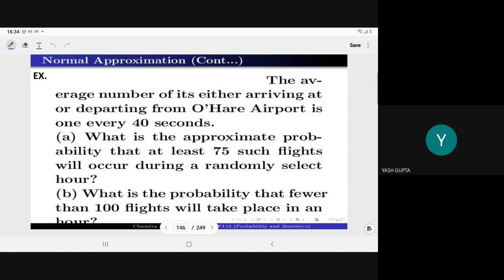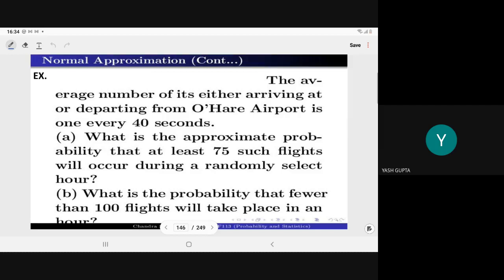Now the average number of flights either arriving at or departing from O'Hare airport is 1 every 40 seconds. In every 40 seconds there is one flight, either a departure or an arrival. What is the approximate probability?